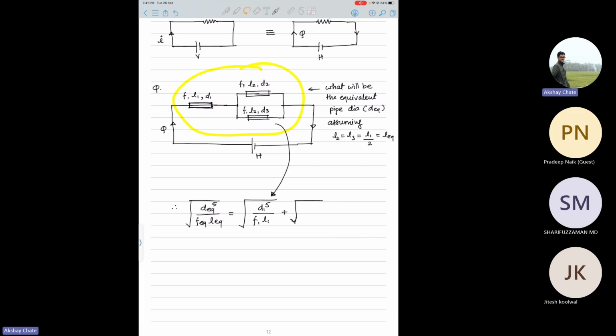So this will become D2^5 over F2 L2, plus D3^5 over F3 L3, because these are L2 and L3, that's why the subscripts change to 2 and 3. And let's say I give it some F dash values here. And D1, D2, D3 are same.